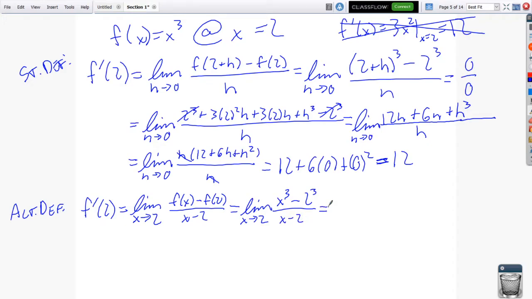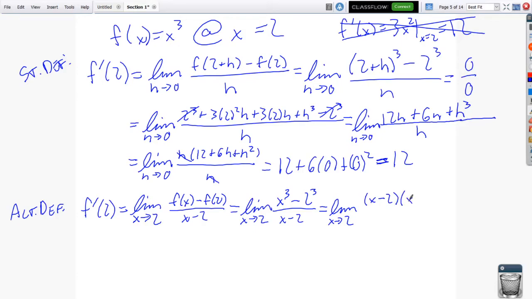And I happen to know we have a difference of cubes here. So when we have the difference of cubes, we can factor that into the limit as x approaches 2. I know x minus 2 is going to be able to factor out of that.